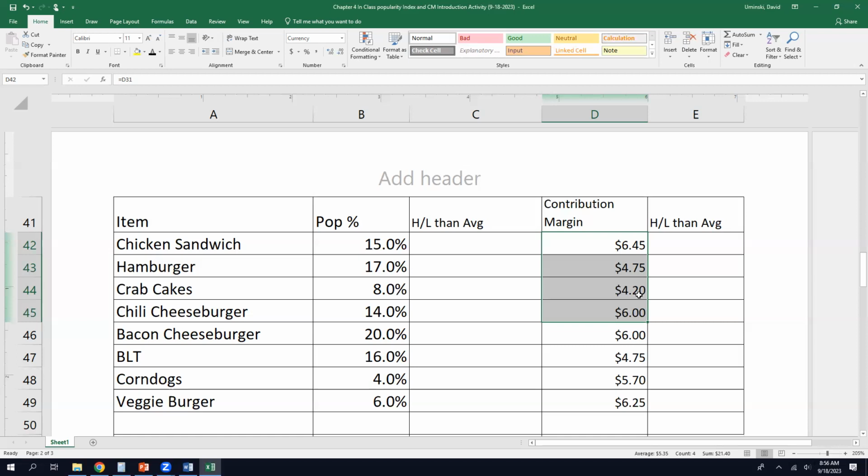So how do we find the average of any numbers? We add them all up and then we what? Divide by the number that we have. So to get our average contribution margin, we're going to add all of these numbers up. To save you some time, I'm going to tell you right now that the total of this is $44.10.